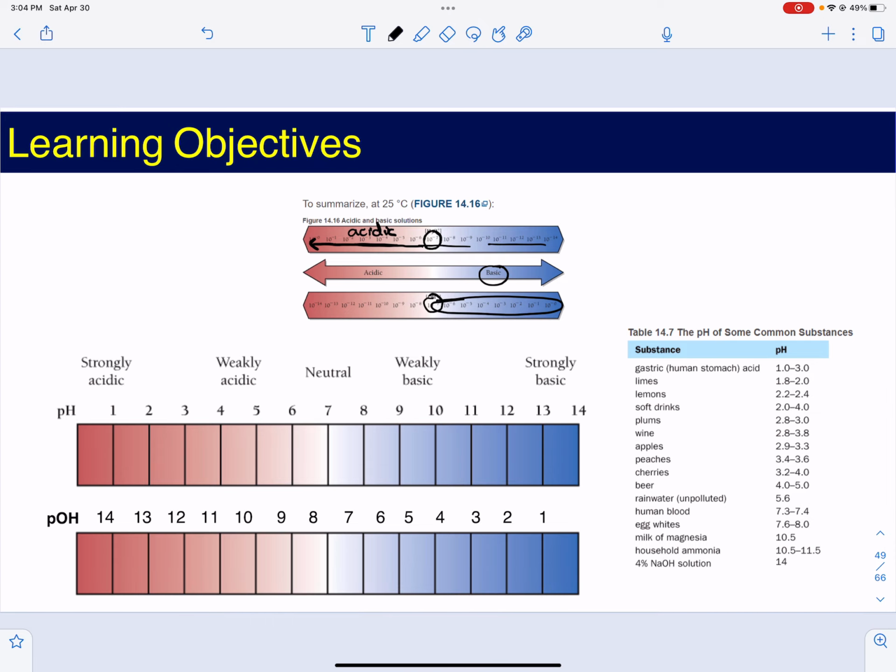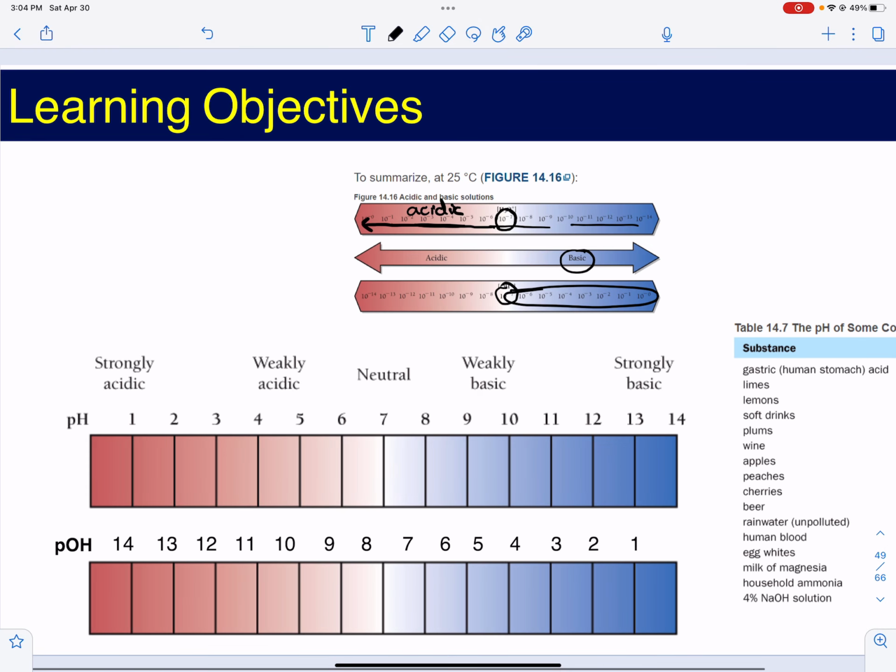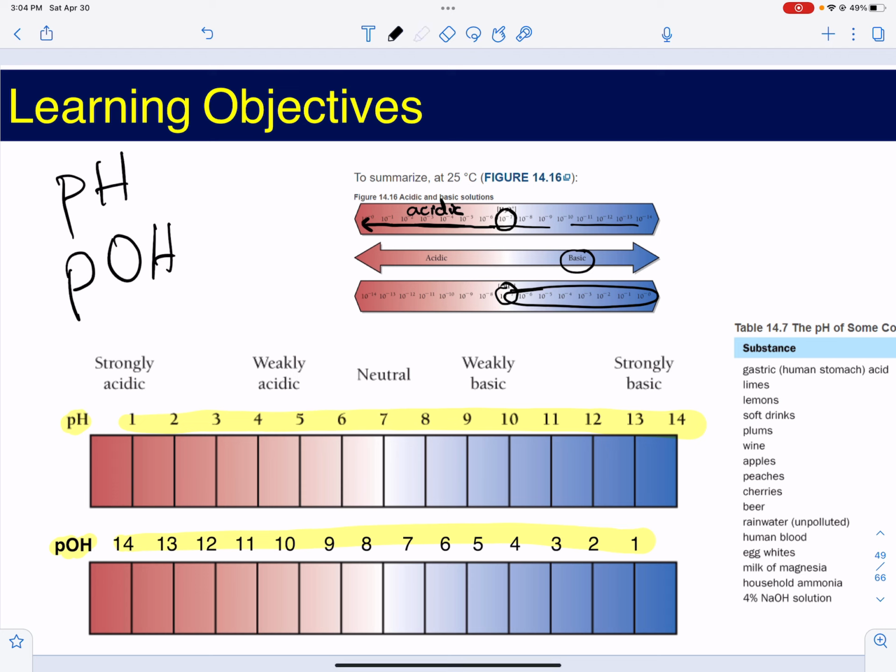So we're going to take that scale, which is in powers of 10, and we're going to change it to a new scale that goes from 1 through 14. And we're going to call that scale the pH. Notice that pH and pOH have something in common.